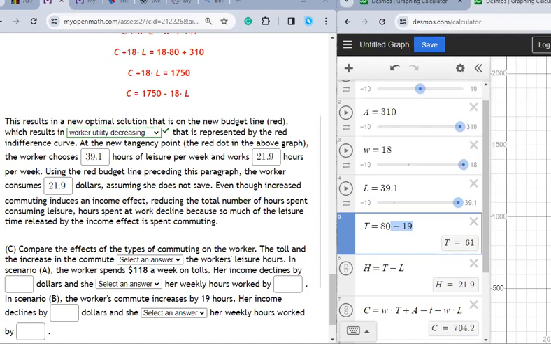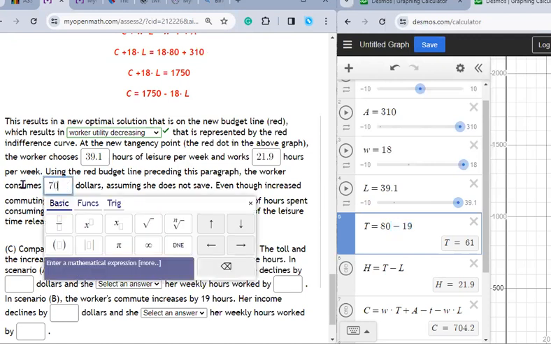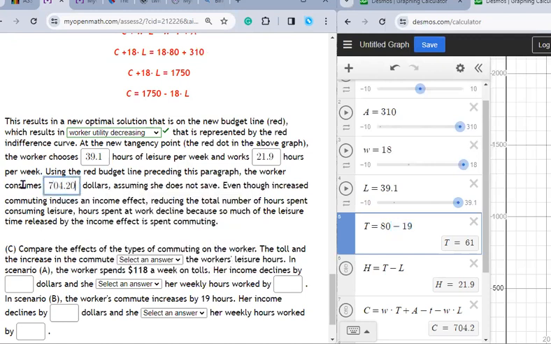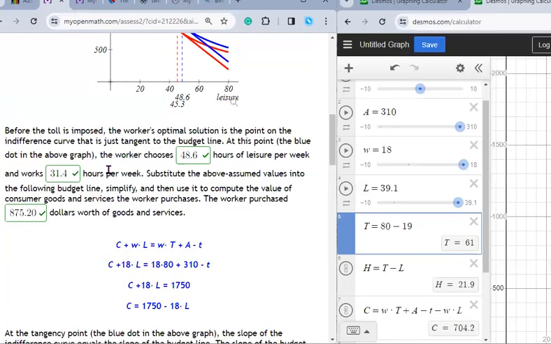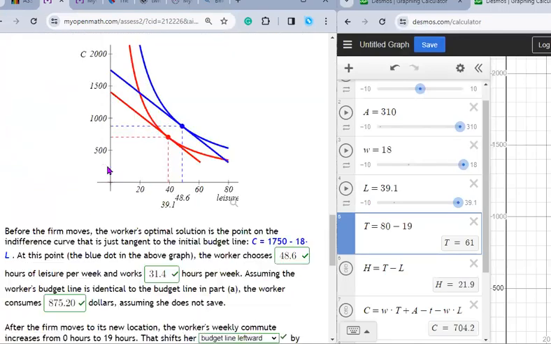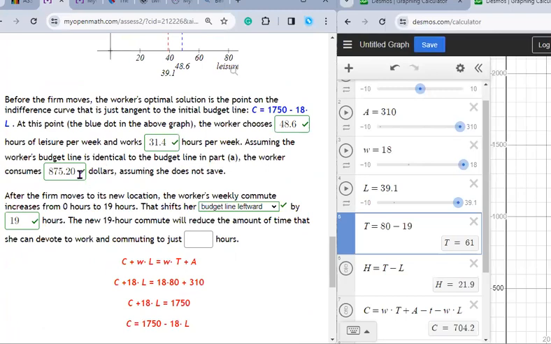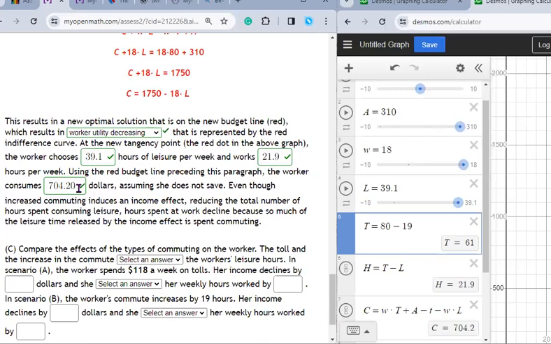Her consumption is only $704.20. So consumption took a big hit, right? It was $875.20. Now it's $704.20, right?